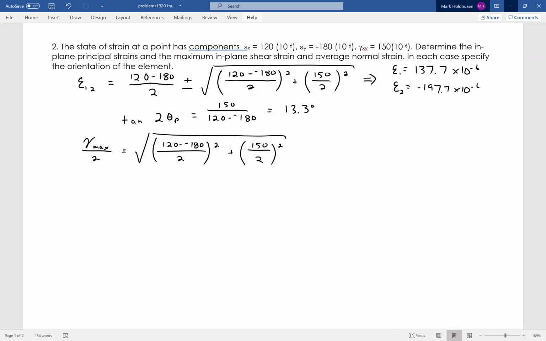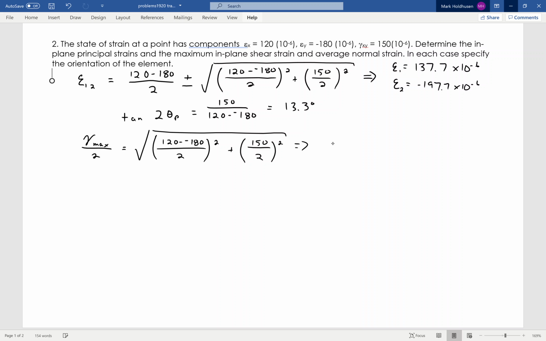So from that, I can find that the maximum shear strain is actually 335. So just because I calculated a shear strain of 150 in the orientation that I put it in doesn't mean that's where the maximum actually is. If I design only to withstand the 150, and in another orientation I actually have 335, well, I'm going to be in trouble. I'm going to overstrain the object based on my design. So we need to figure out what the maximums actually are. That's how we typically design, so that they don't reach those maximums.